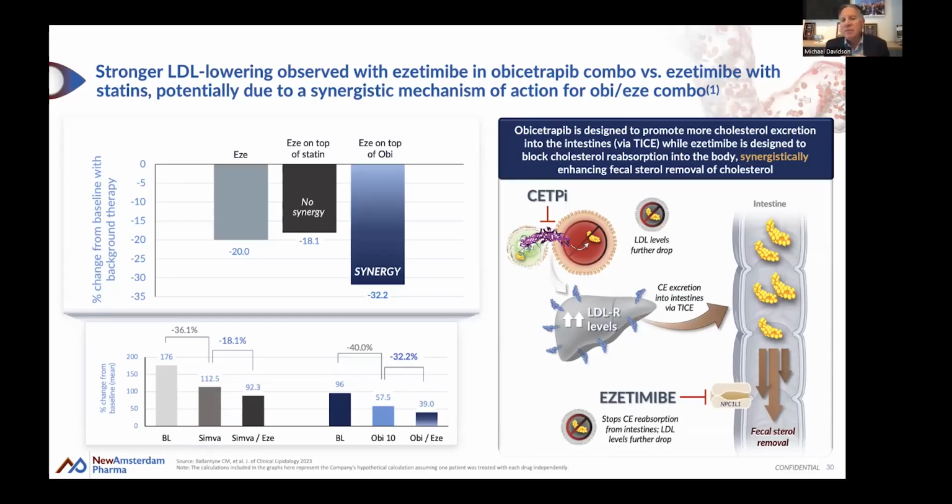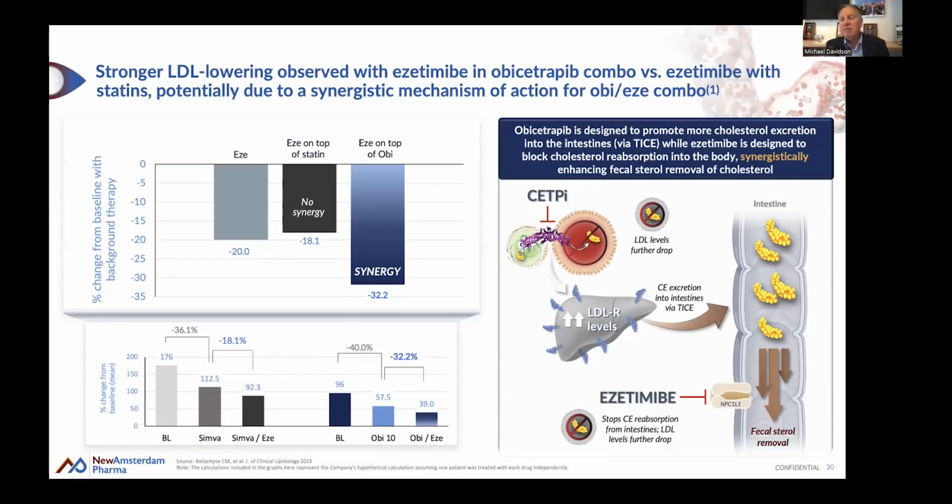But here, what we found is that obicetrapib profoundly increases the amount of TICE, transient intestinal cholesterol excretion. It obviously improves cholesterol removal by the liver as well, but much more so through the intestines.